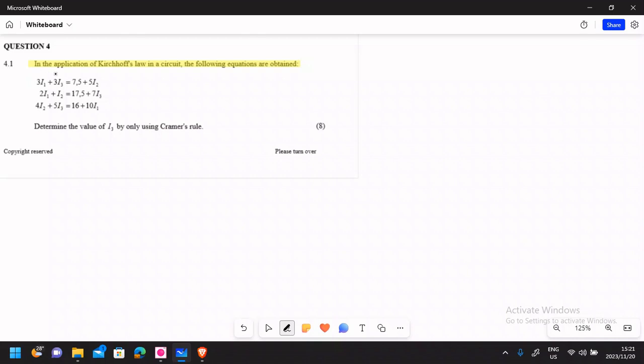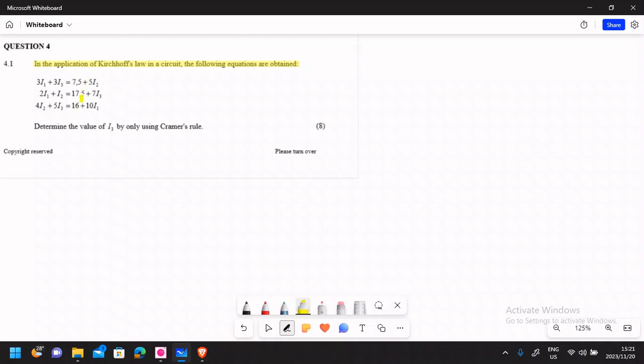So question 4.1, what is it that they want here? Let's read the information here. First, erase this so that you are able to read it all together. 4.1: In the application of Kirchhoff's law in a circuit, the following equations are obtained.